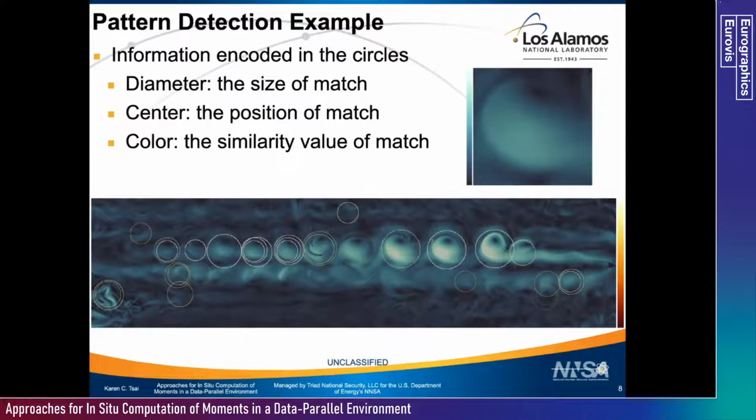The size of the circle is the size of the pattern when it was matched, and the center of the circle is the position of the matched pattern. The color of the circle here is the similarity value itself. So in this particular case, given the color map here, the white circle is the strongest match.